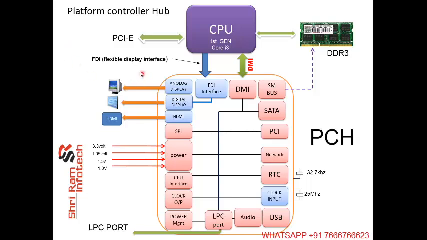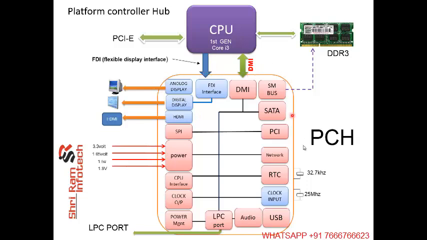So there is a dedicated graphics you can connect here, and there is already graphics inside the PCH also. Now this processor has 2 ports. One is called DMI, another is called FDI. DMI is for the other traffic, like data, and FDI is only for display traffic, a separate port.